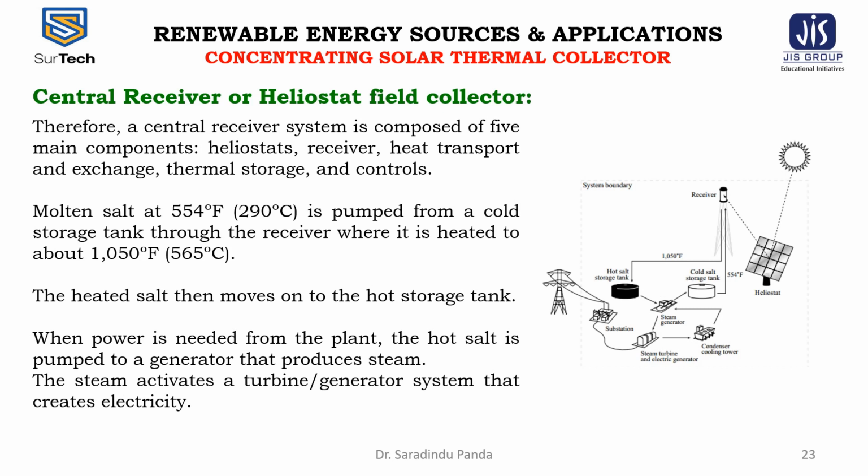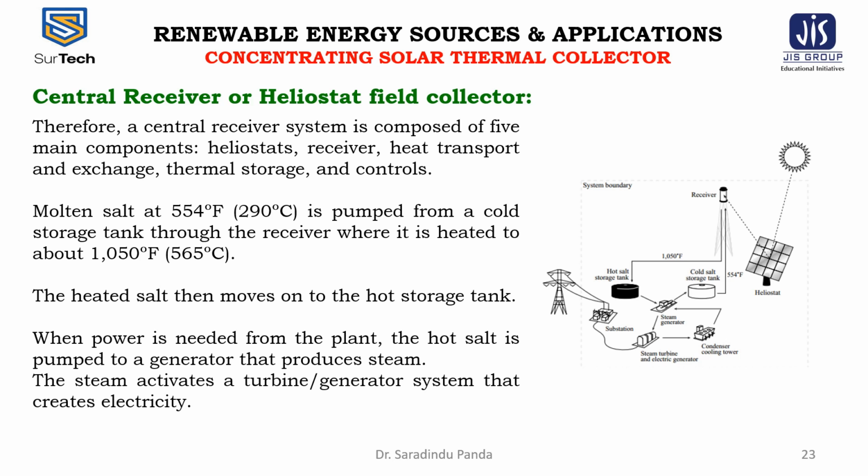Therefore, a central receiver system is composed of 5 main components. One is the heliostats, the mirrors. Another is the receiver, which is at the top of the tower, then the heat transport and exchange, thermal storage, and controls.